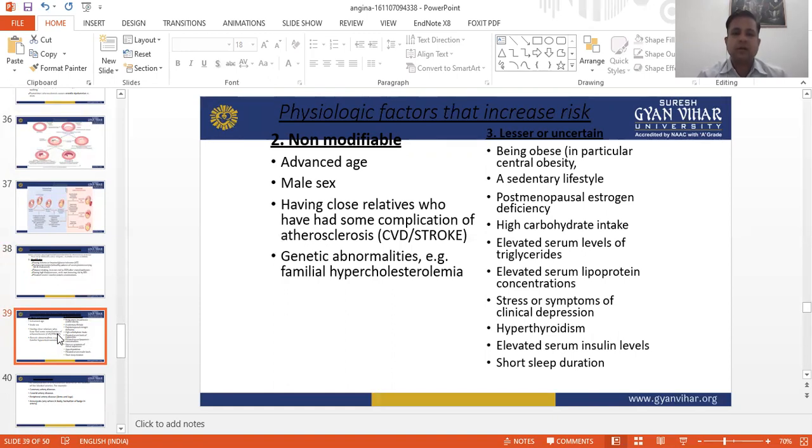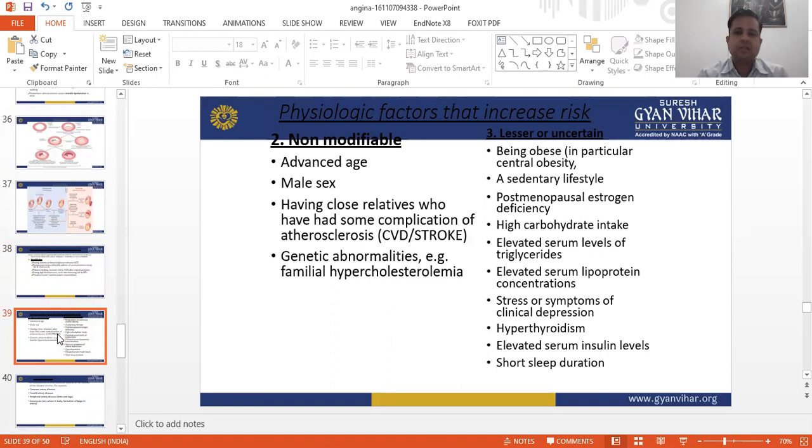Non-modifiable: under this one, advanced age, male sex, having close relatives who have had some complications of atherosclerosis, genetic abnormalities such as familial hypercholesterolemia.